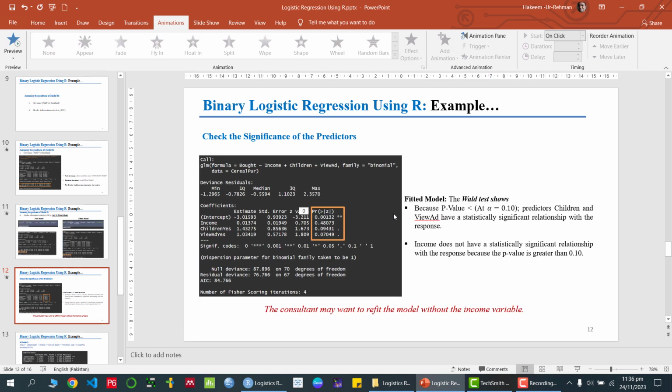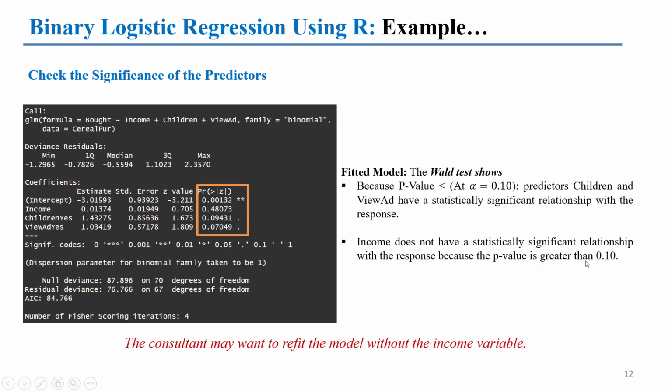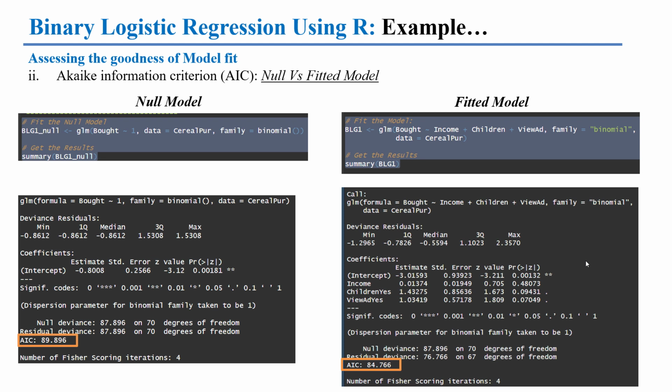Once we have seen that our fitted model is good compared to our null model, the next step is to check whether each independent variable is significantly affecting our dependent variable, which means whether the income variable significantly contributes to predicting whether the person is going to buy the cereal or not.